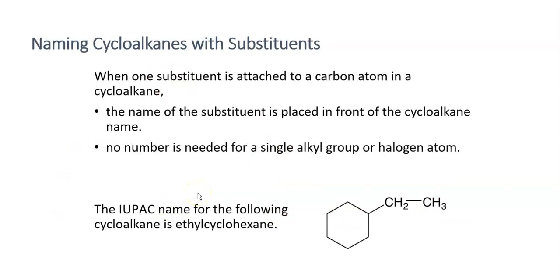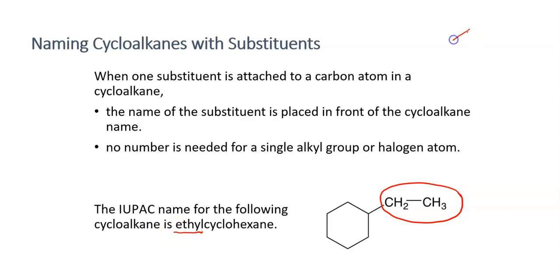Okay, so naming cycloalkanes with substituents. We can put substituents on cycloalkanes as well. There is one example here. An ethyl group is attached to a cyclohexane. Since there's only one group attached, you can just write the substituent's name first, ethyl, and then cyclohexane.